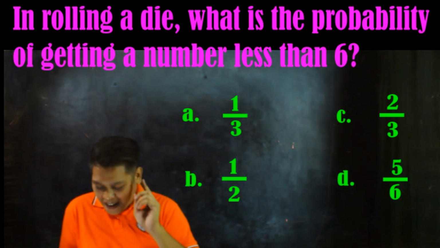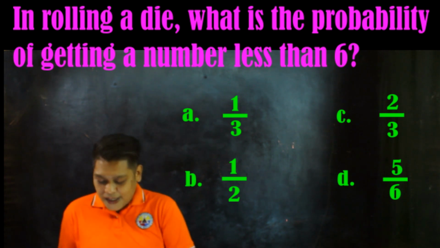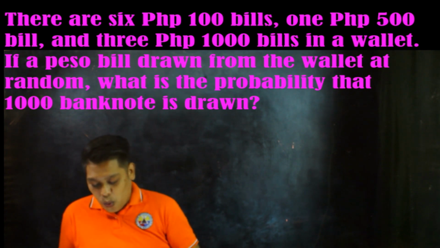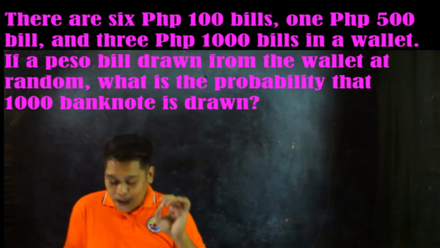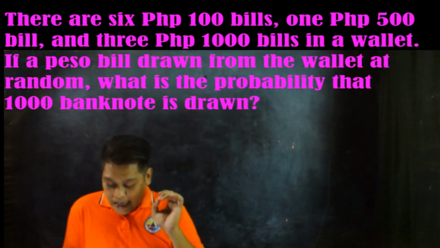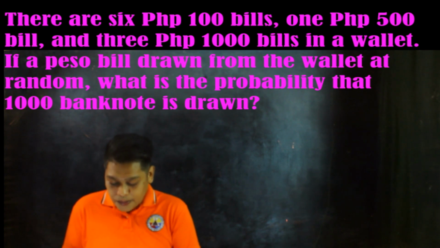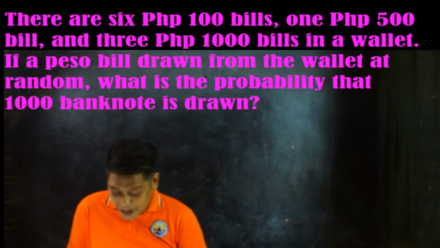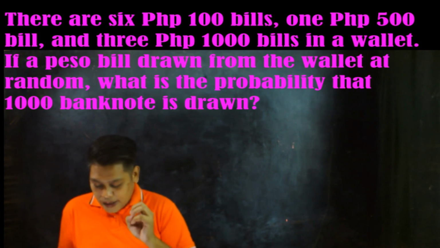Very good. Number 3. There are 6 100-peso bills, 1 500-peso bill, and 3 1,000-peso bills in a wallet. If a bill is drawn from the wallet at random, what is the probability that a 1,000 banknote is drawn?